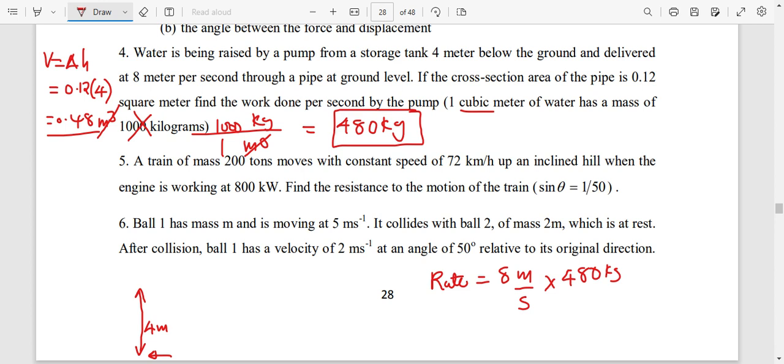How do you convert from kg to newtons? Have you understood the question?